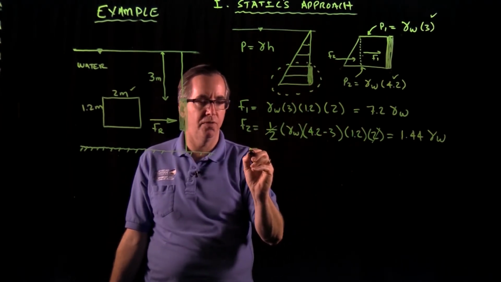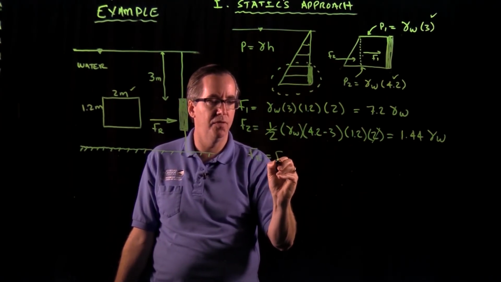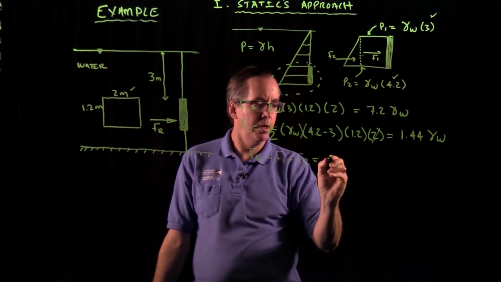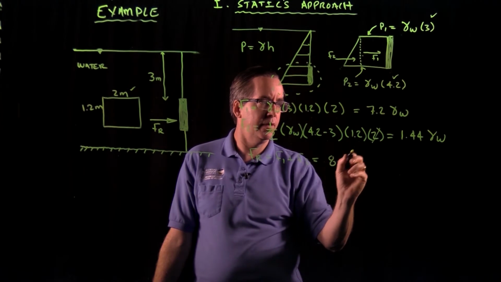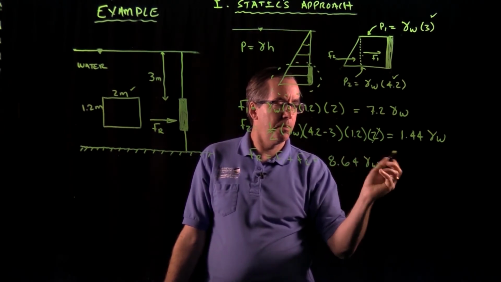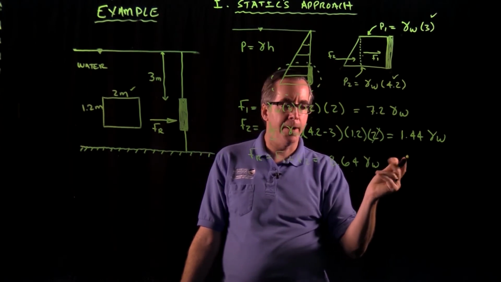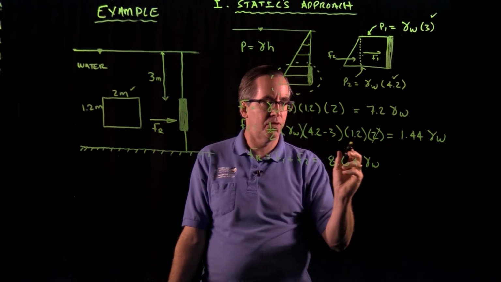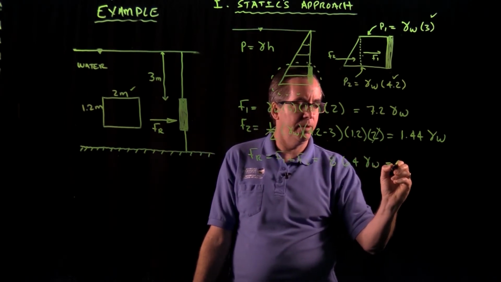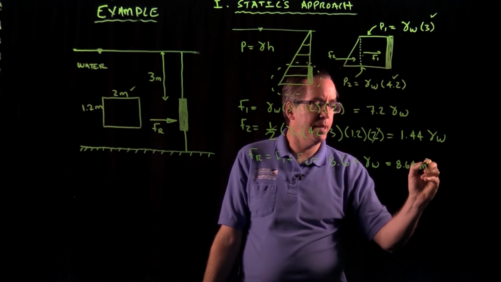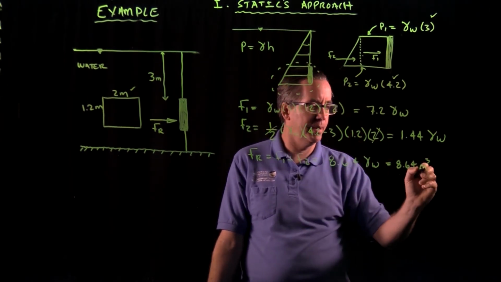So my total force is going to be the sum of those two forces, which is equal to 8.64 gamma water. At this stage, let me go ahead and put in the values. This would be 8.64, and technically this was cubic meters, because these were all meter dimensions.